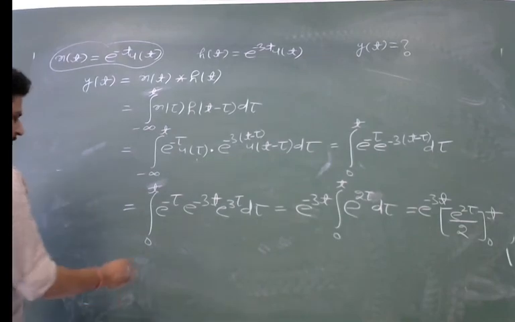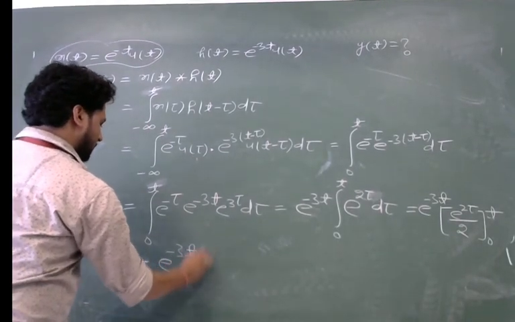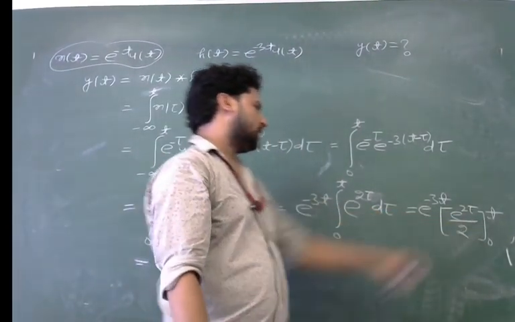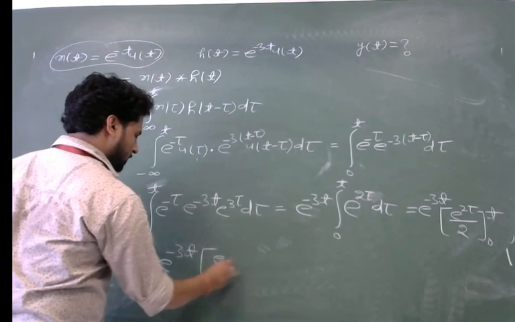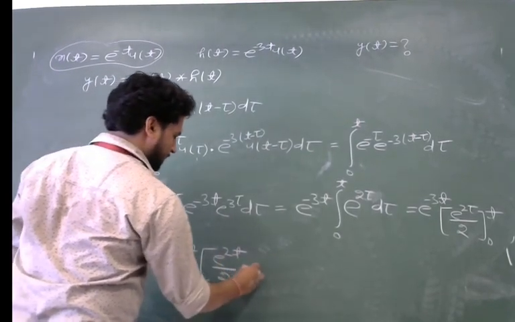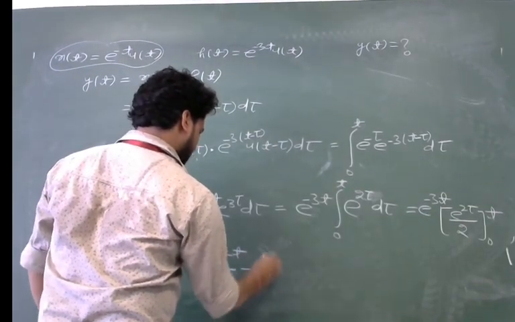After putting in the limits, this becomes e^(-3t) into (e^(2t) by 2 minus e^0 by 2, which is minus 1 by 2).